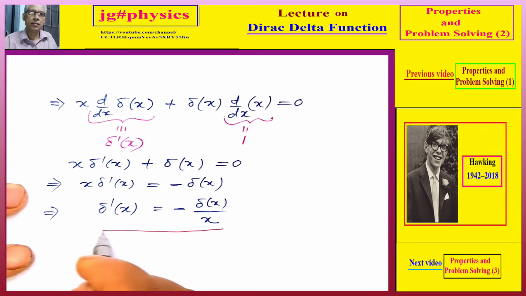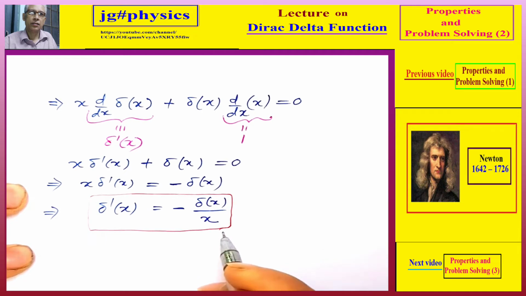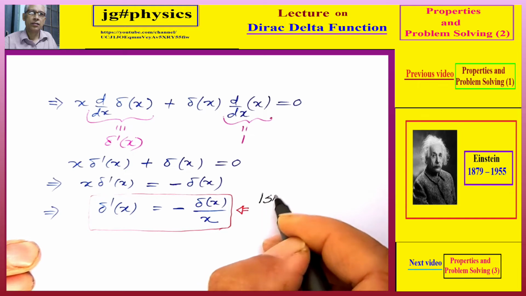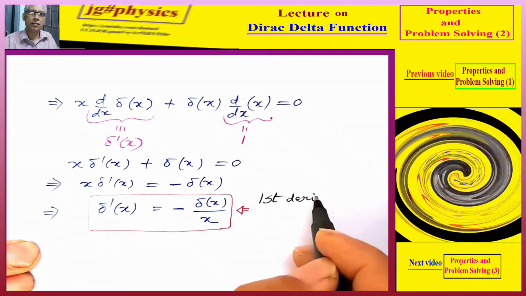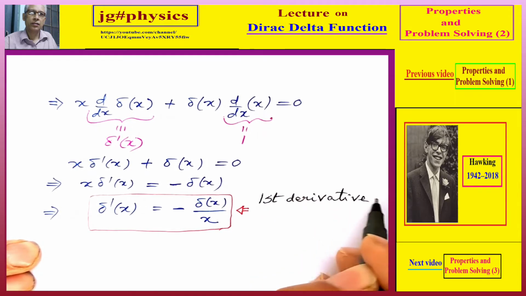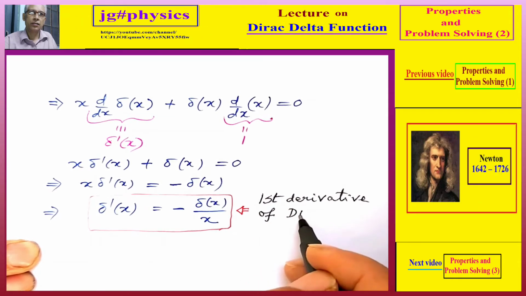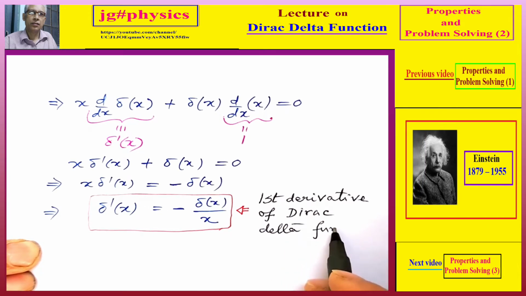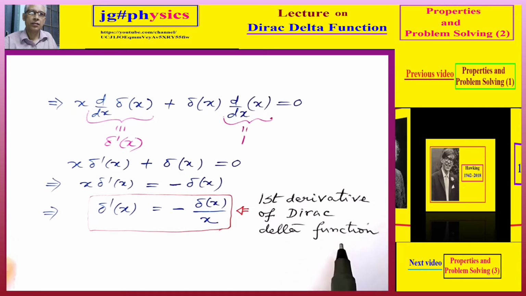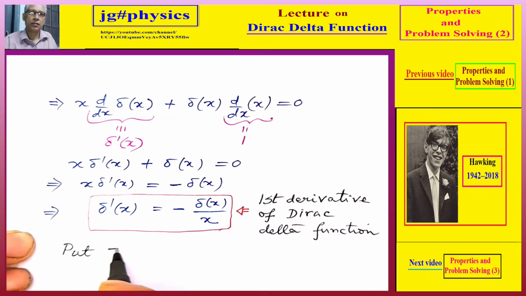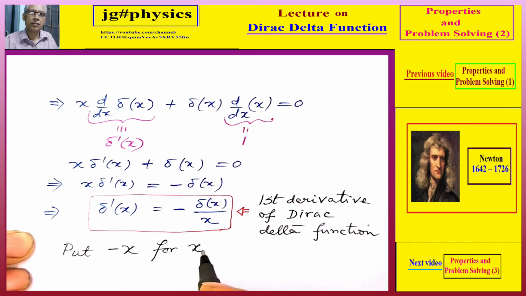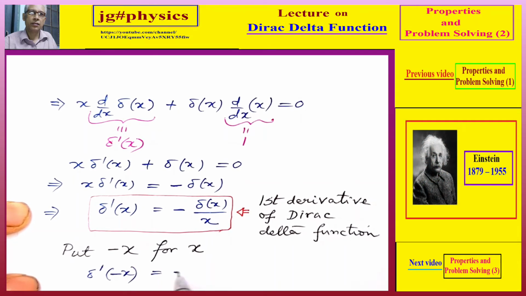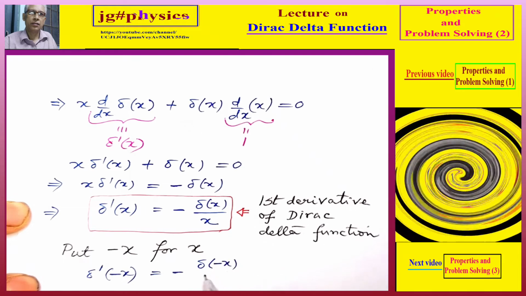So this is the first derivative of the Dirac delta function. Now let us put minus x for x, and we get delta prime of minus x equal to minus of delta of minus x divided by minus x.